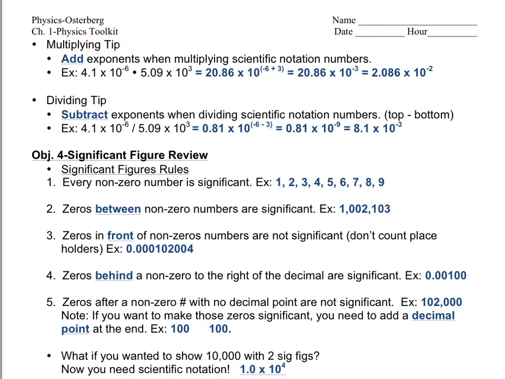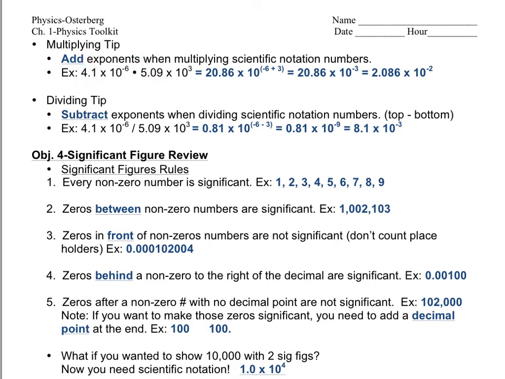If you're multiplying exponents or multiplying scientific notation numbers, you add the exponents. So you can see you have this number multiplied by this number. So when you have that and you have the same base of 10, you can take your exponents and add them. So you multiply your two front numbers first, just like you would. This is multiplying.